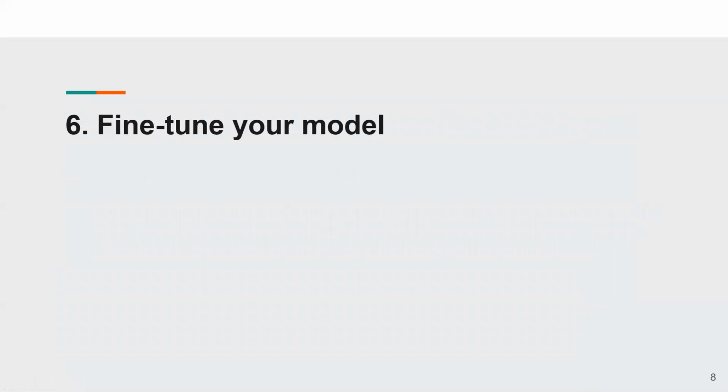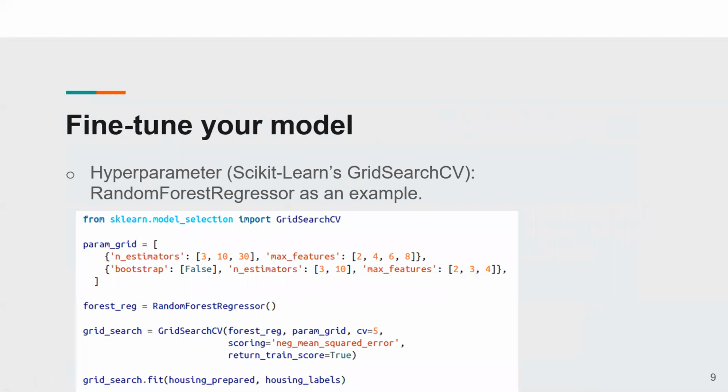The next step is fine-tune your model. Fine-tuning your model is really a process to continue to enhance your model. For example, in many cases, you need to leverage hyperparameters.